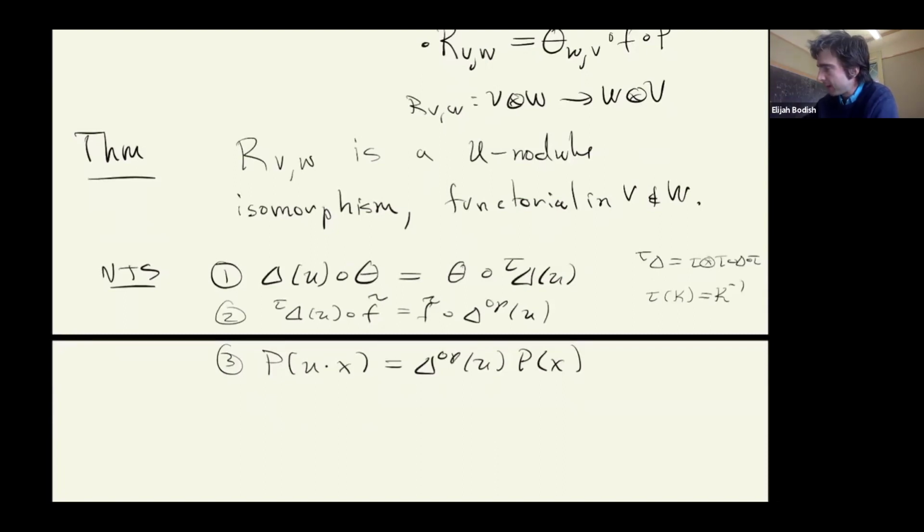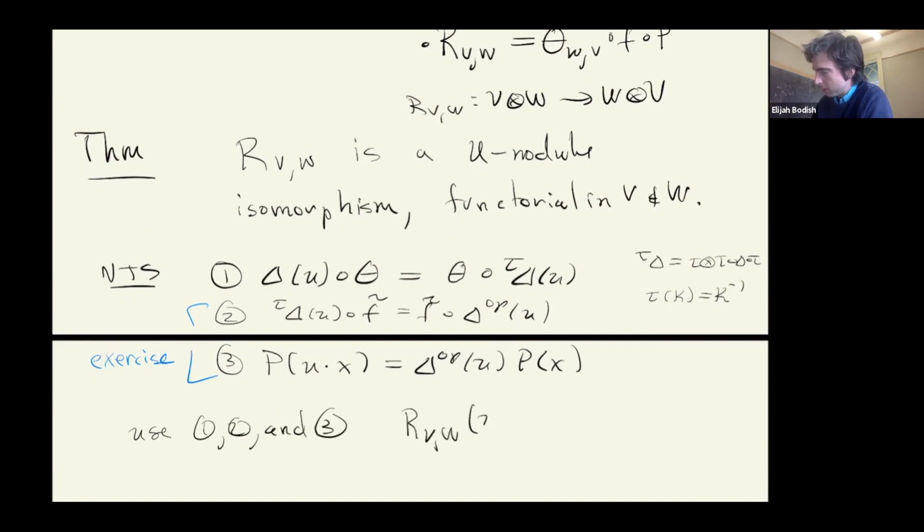So I left it last time as an exercise just to check steps 2 and 3, both rather easy. And then I discussed how to use steps 1, 2, and 3 to actually argue that you have R_VW of u acting on x is equal to u acting on R_VW of x.